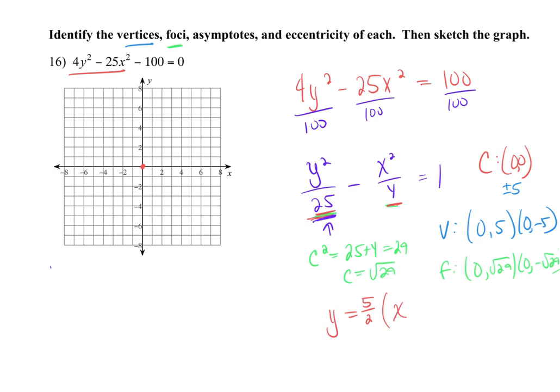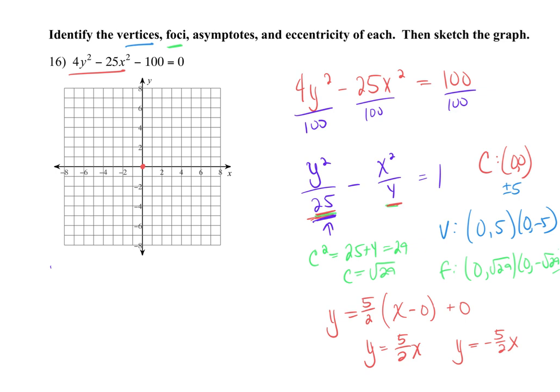And normally you would have an x minus your h quantity plus your k, but those are both 0. So it ends up actually just being y equals 5 halves x, not x squared, we're not squaring it. And then y equals negative 5 halves x. All right, you have both of those.